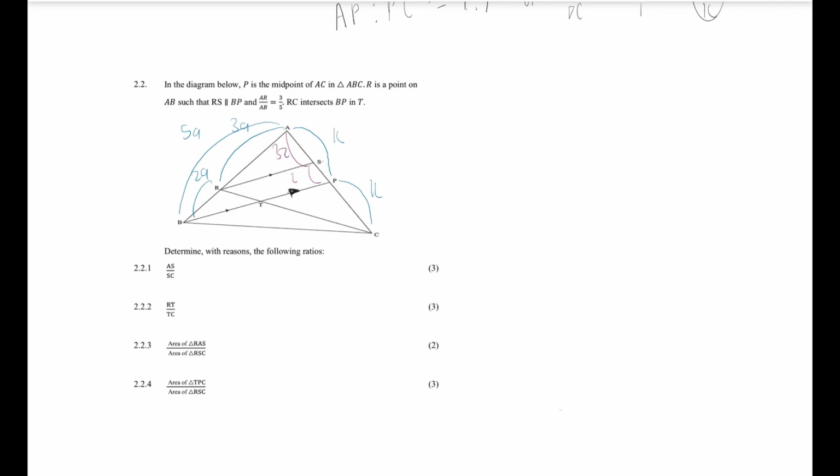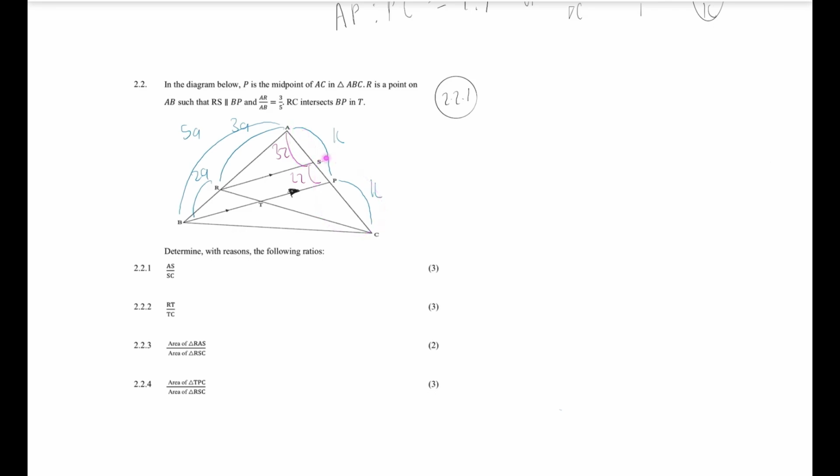Then I can write what? 2Z, because this is corresponding to that 2 over there, and this 3 is corresponding to that 3 over there. And then now we are going to answer the first question, whereby they say we must find AS over SC.